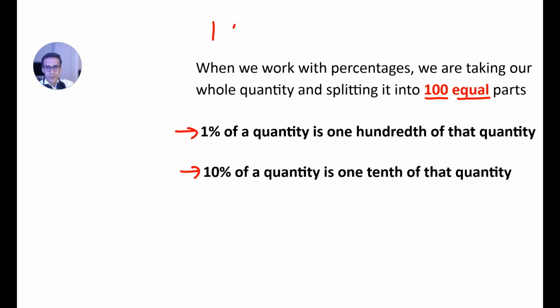Essentially, 1% of something, whatever that amount is, you're going to divide by 100 and you've got your 1%. If you want to work out 10% of something, usually you're going to be dividing by 10, or dividing by 100 and then times 10. So you're still technically splitting into 100 equal parts.